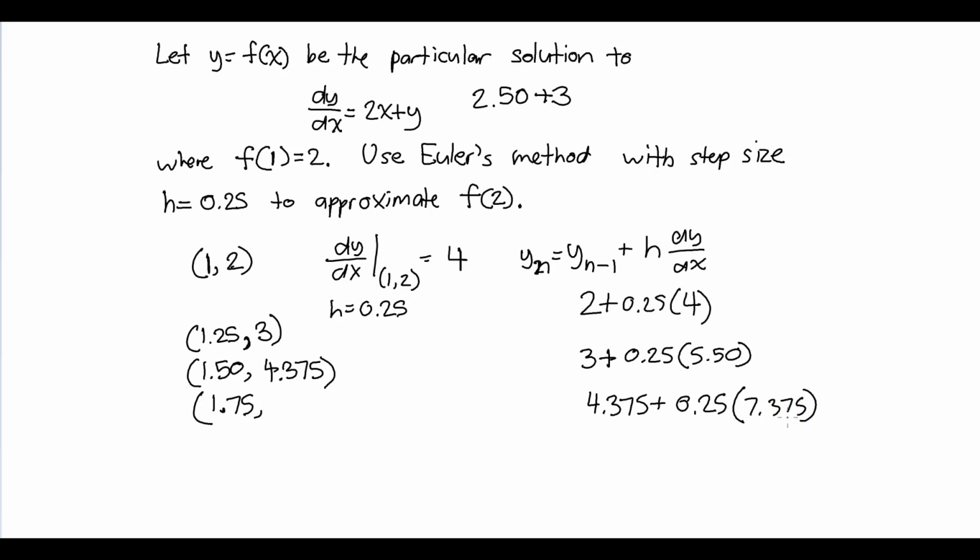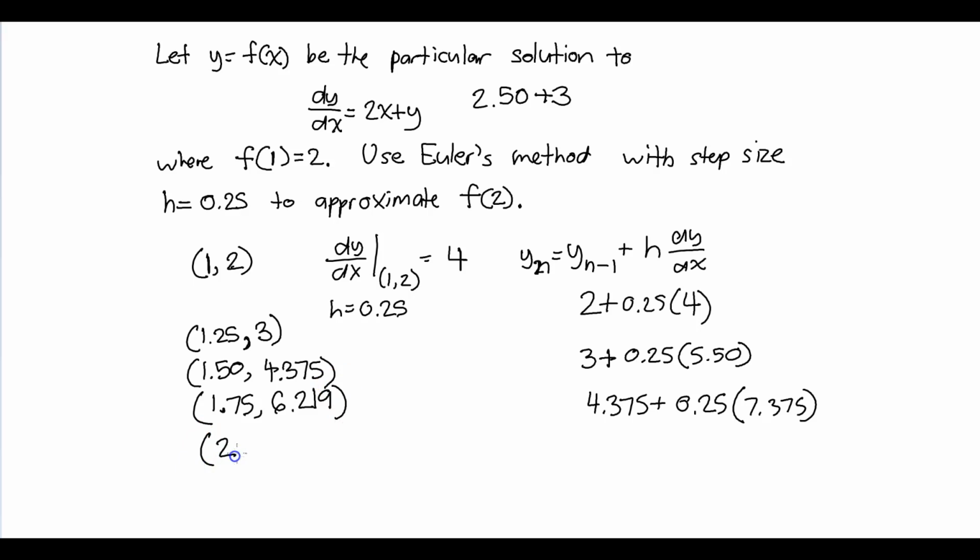Now what does that get you? We have 4.375 plus 0.25 times 7.375, and that gets us 6.219. We're going to go only to the thousandths.